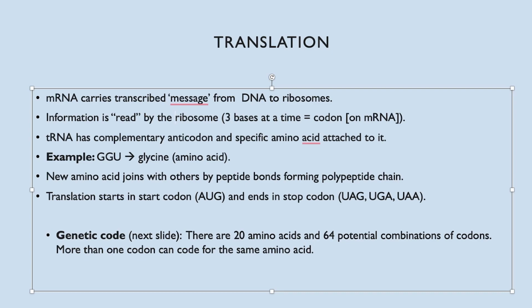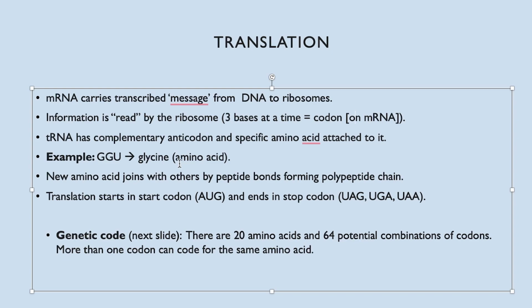Then, once the ribosome reads the codon on the messenger RNA, we are going to have a molecule of transfer RNA that has a complementary anti-codon, complementary to the codon on the messenger RNA, and that transfer RNA will bring a specific amino acid attached to it.